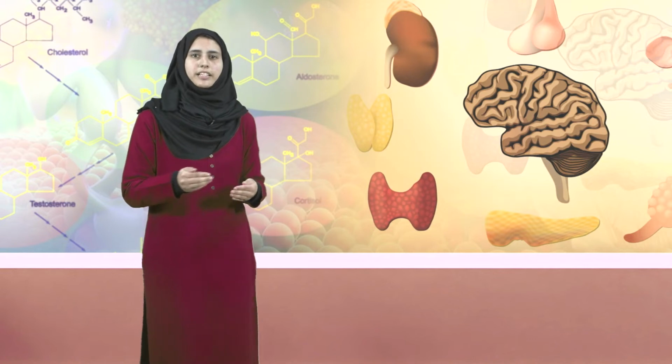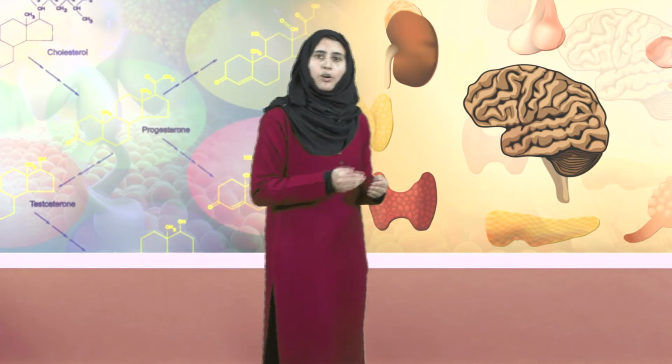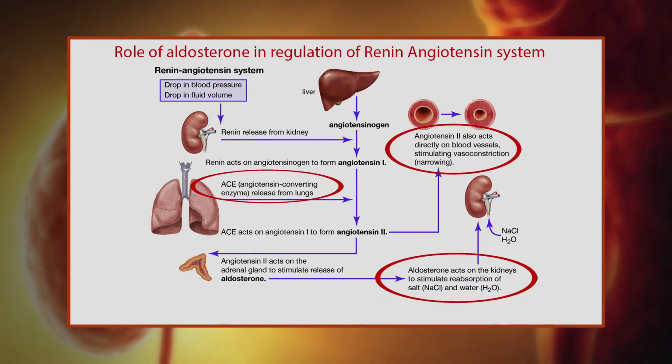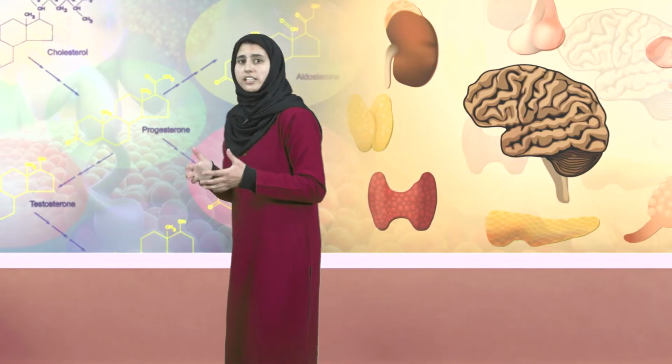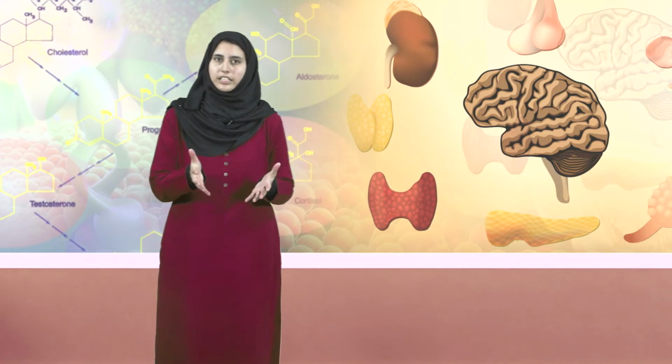Now, the blood containing increased levels of aldosterone circulates to the kidneys, where it causes reabsorption of water by a process called osmosis, as a result of which less water is lost in the urine. Further, aldosterone also stimulates the kidneys to increase secretion of potassium and hydrogen ions into the urine.